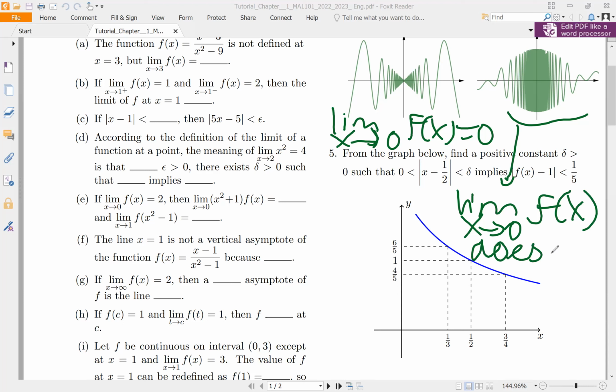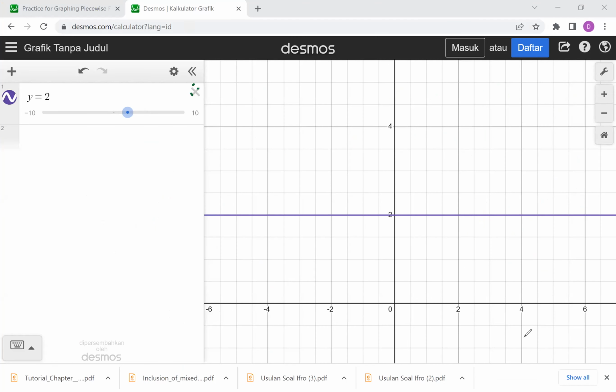So you see that it does not exist because it oscillates indefinitely around 0. Actually, you can see an example of this function. Let's look at the graph of the function.